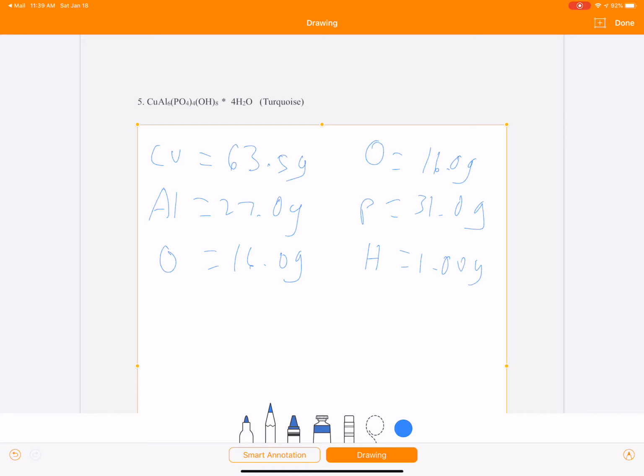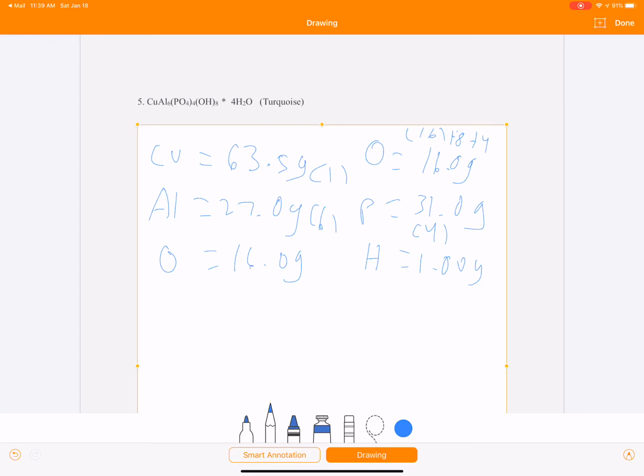So we have 1 copper. We have 6 aluminum. We have 4 phosphorus, because each phosphate has 1, and there are 4 of them. We have 16 oxygen in the phosphate, but we also have 8 in hydroxide, and we also have 4 in water.